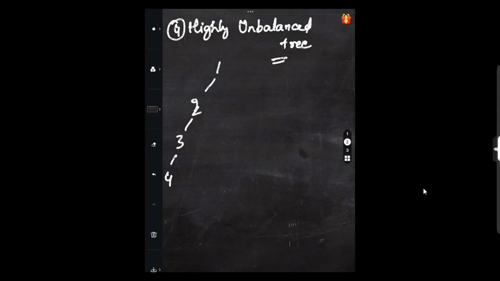Let me consider one more node here. Here you can clearly see the height is 1, 2, 3, 4, and we don't have a right side at all. So this one would be 4 minus 0. The output will be false in this case.